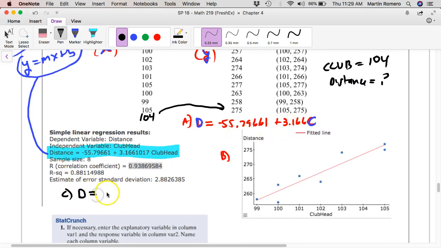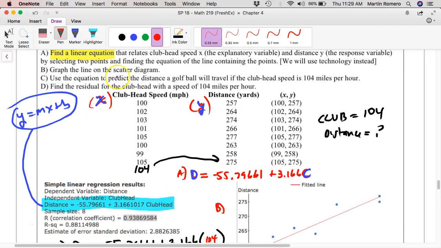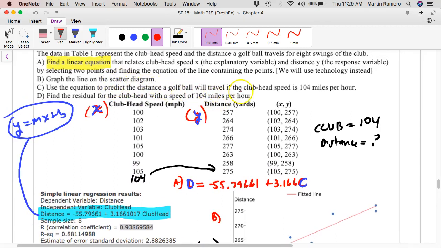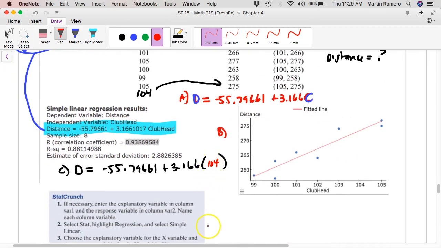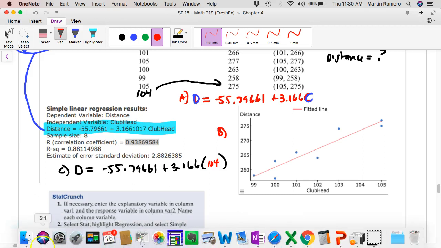Distance would be equal to negative 55.79661 plus 3.166, and instead of C, we plug in 104. That comes from the question, how far the ball will travel with this club head speed of 104. You just plug that in, and then we calculate that.